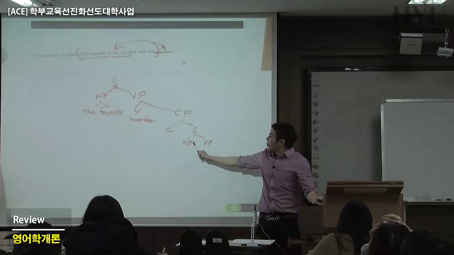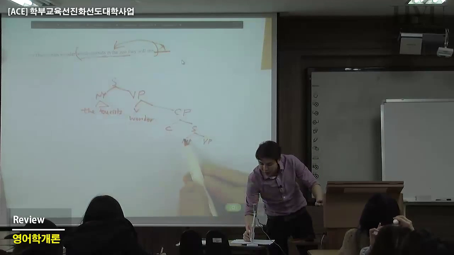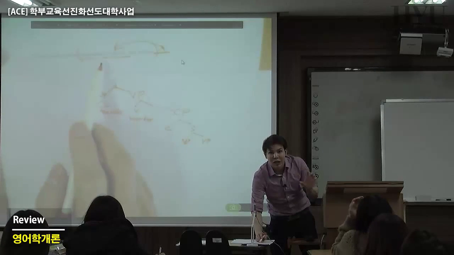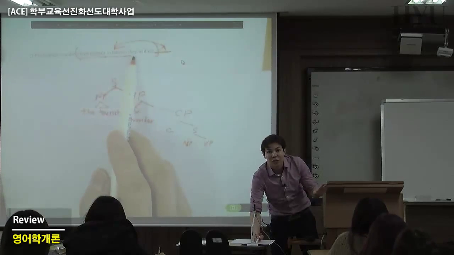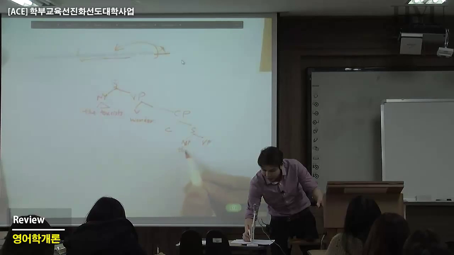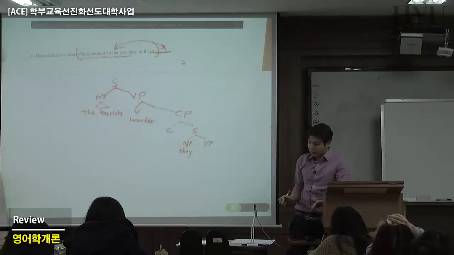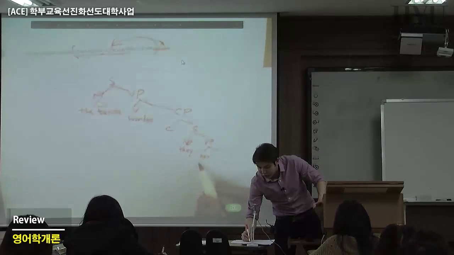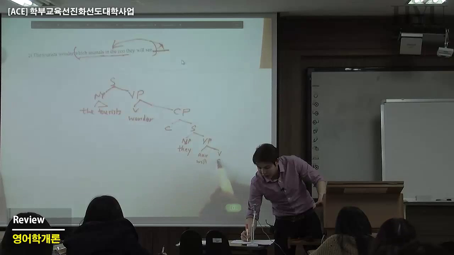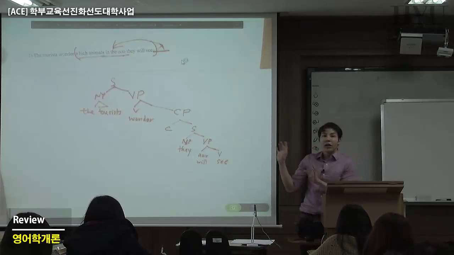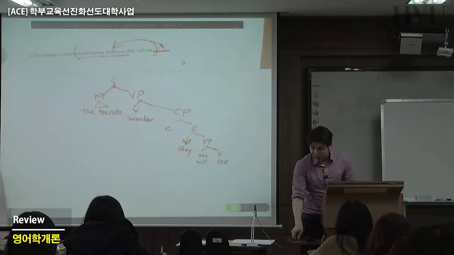So the next thing is to figure out the NP. The NP should not be which animals, right? It should be the subject of the whole clause before moving. Before the movement happened, so it should be they. They here is a pronoun. And then the VP: we have the auxiliary, which is will, and then V, see. So that's most of it.